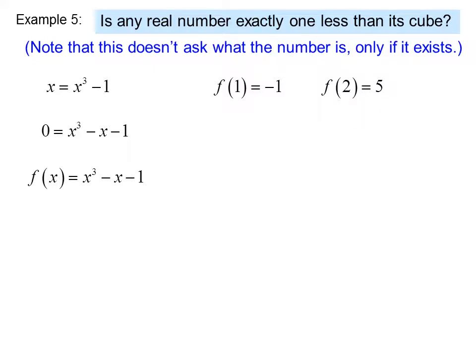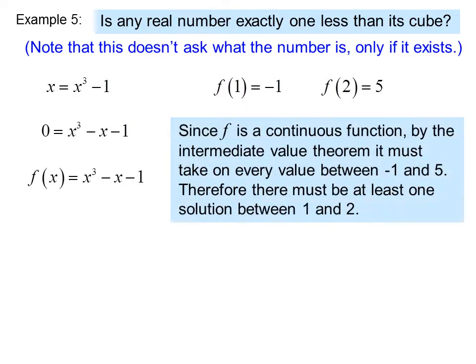And for those x values, the y value is continuous from y equals negative 1 to y equals 5 without a break. So it must pass through y equals 0. Since f is a continuous function, by the intermediate value theorem, it must take on every value between negative 1 and 5. Therefore, there must be at least one solution between 1 and 2.